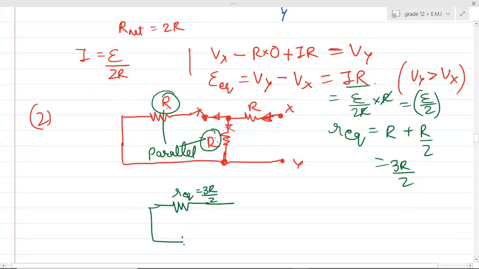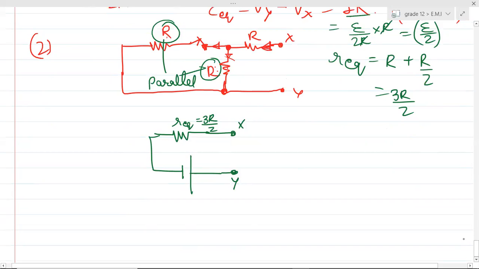Vy was bigger, so the positive terminal is towards Vy, and this is X. And now I'll connect the inductor. So I converted the whole circuit to just an LR series circuit like this.